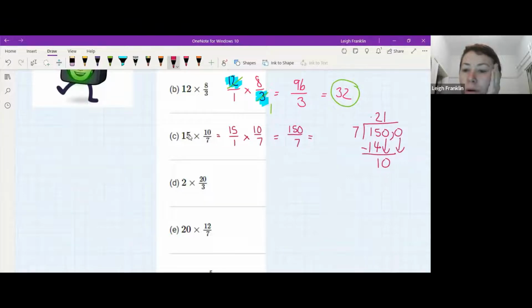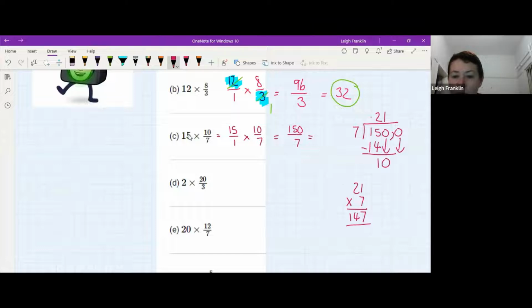Is it 14 over 7? Sorry, ma'am, I couldn't see the numbers that you are writing. Oh, okay. All right. So if I said 21 times 7, I would end up with 147. Does that make sense to you?